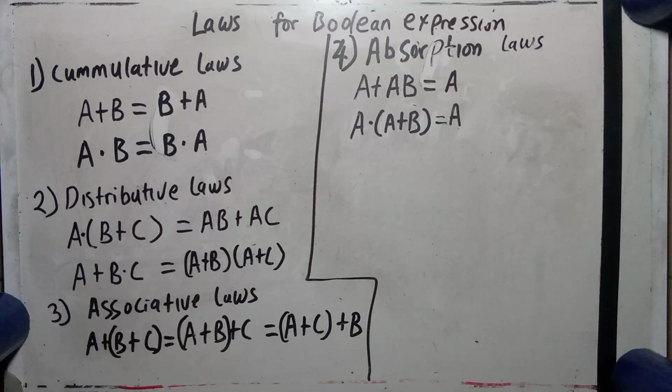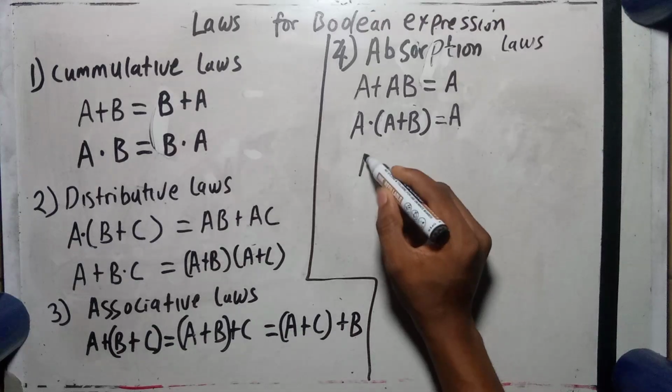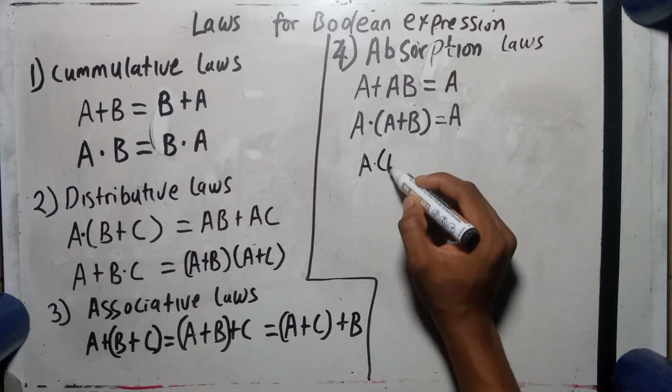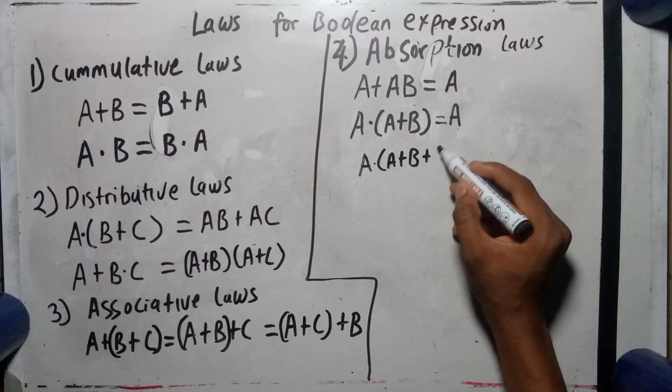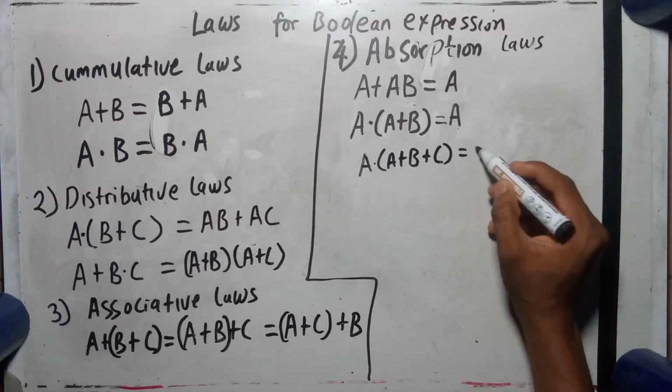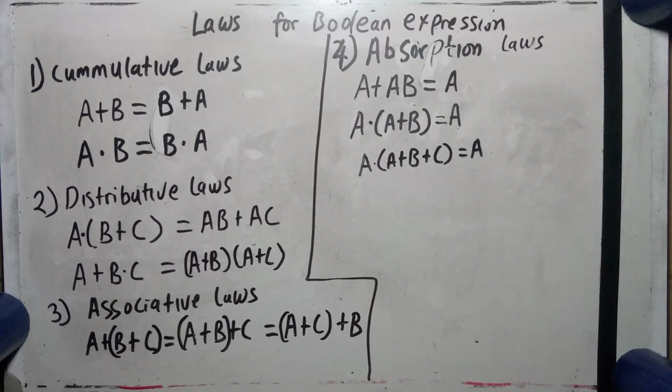Are we still going to have the same answer? Would that still be the case? So in a case where we have A multiplied by A plus B plus C, let us try to prove if it will still give us A.